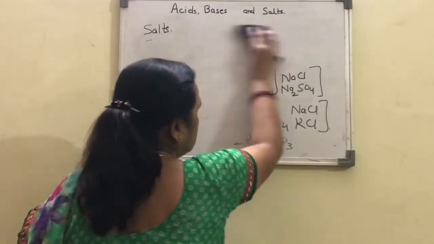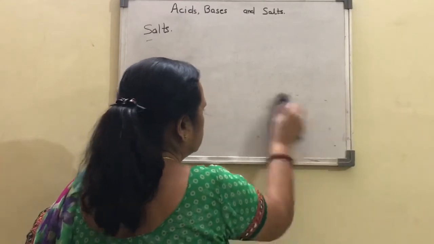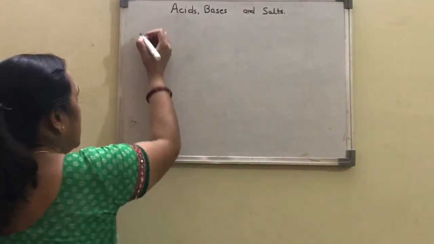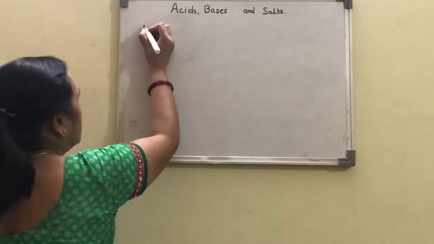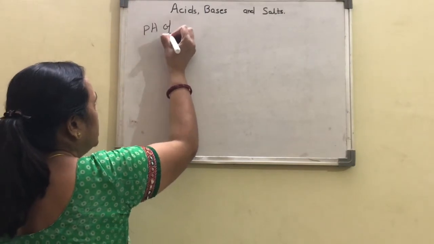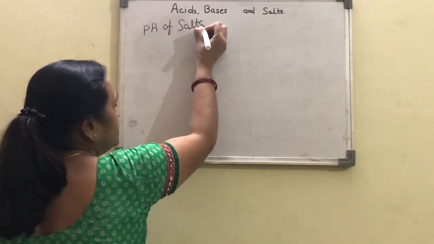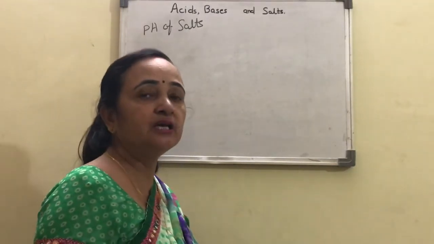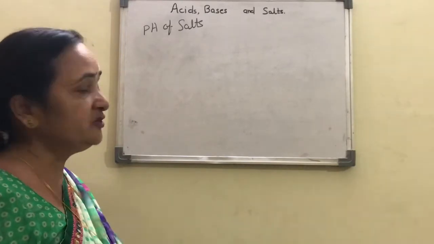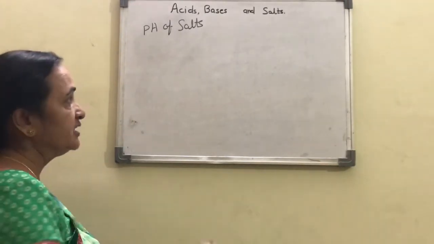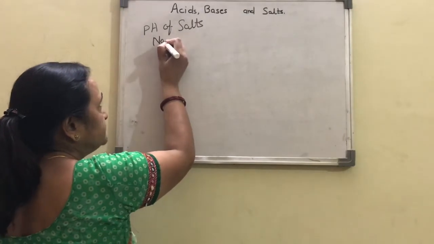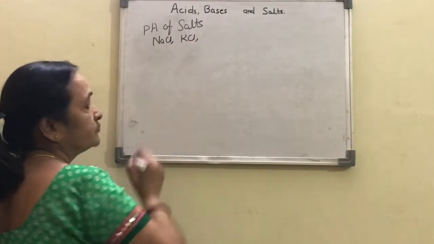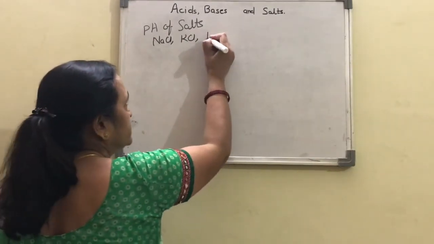So now your next topic is how to find the pH of salts. Till now you studied about the pH of acids and pH of bases, and today we will study about the pH of salts. For this we can write the example of some salts, like sodium chloride, NaCl. You can write potassium chloride. You can write sodium carbonate.